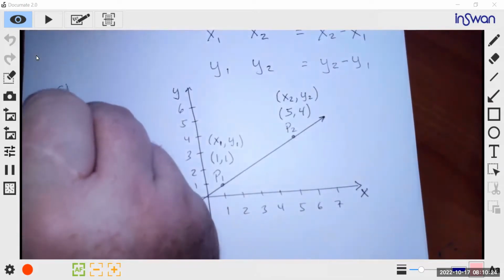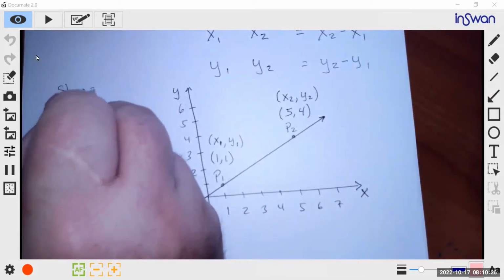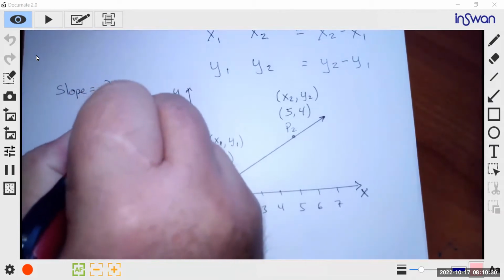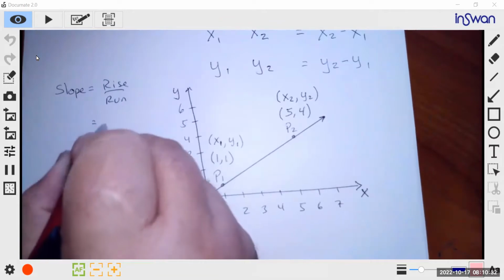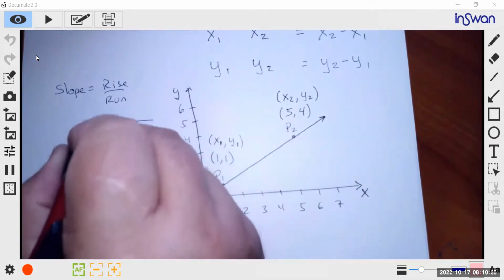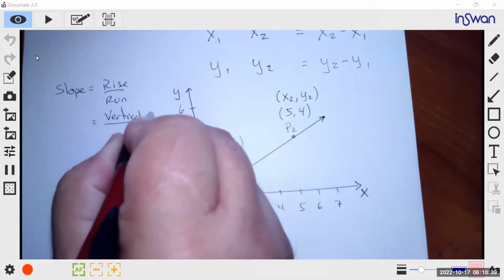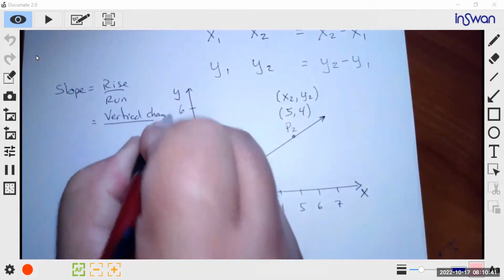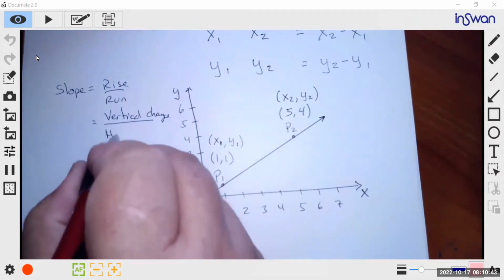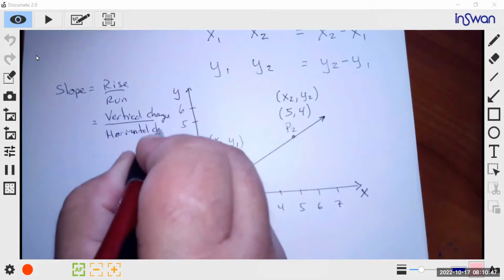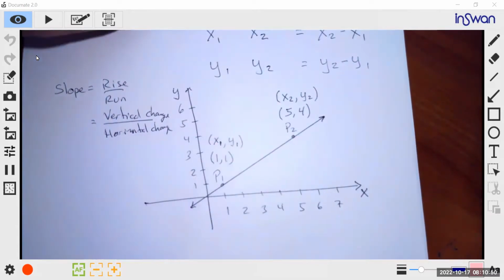So we have slope. It's defined as rise over run, or more so the vertical change over the horizontal change.